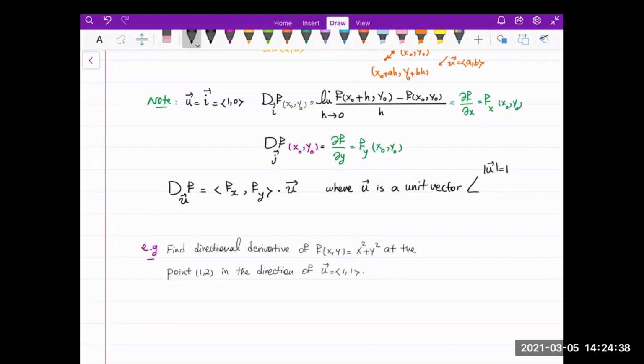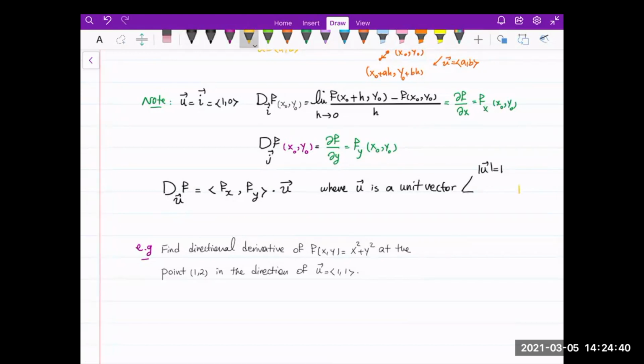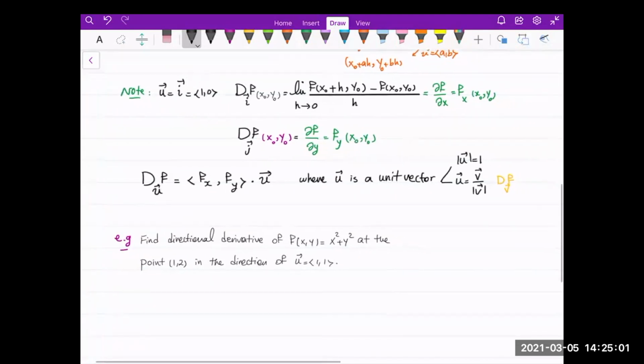Well, for example, you're asked to find the directional derivative of f with respect to v, and v is not a unit vector. You need to find the unit vector in the direction of v. How do you do that? If you remember, we have v and we divide it by the length of v. And in that case, we get the unit vector.